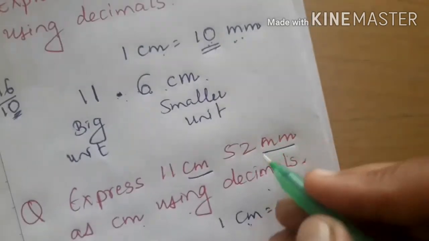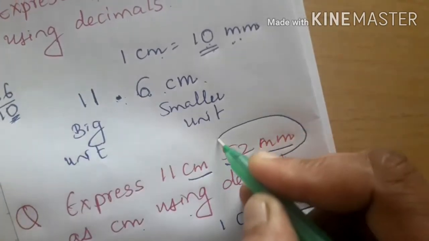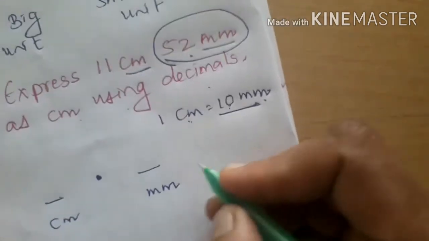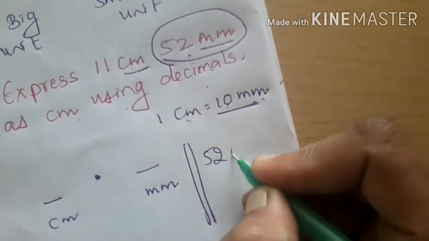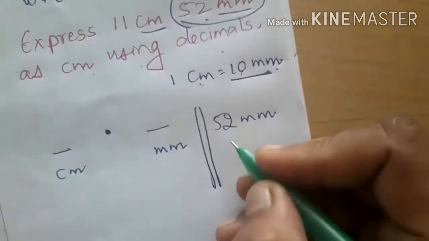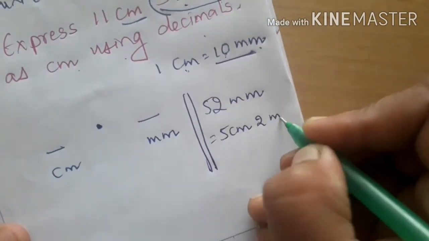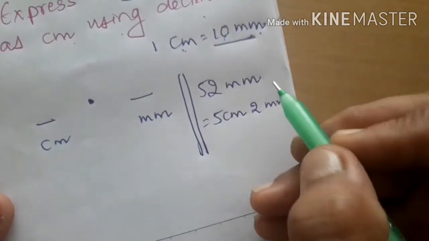Okay, and here when you see this is 52 millimeters. So 52 millimeters, this I can write as 5 centimeter and 2 millimeter. Why?